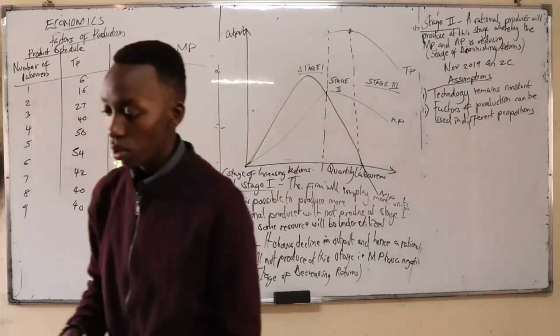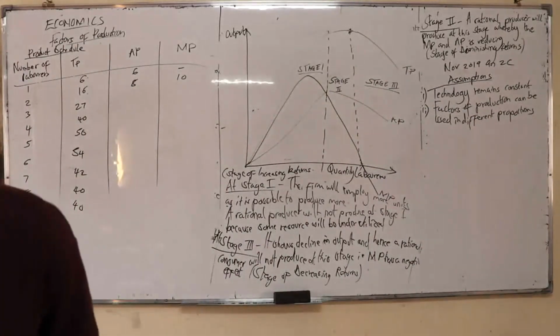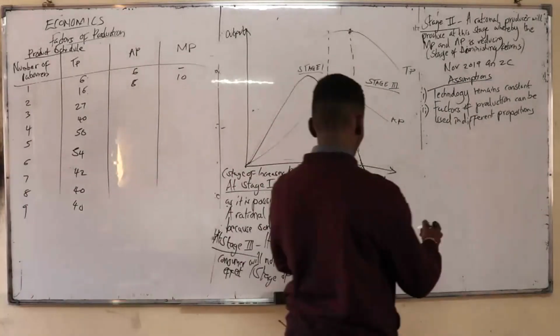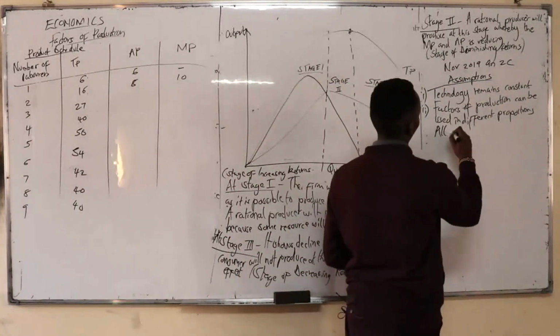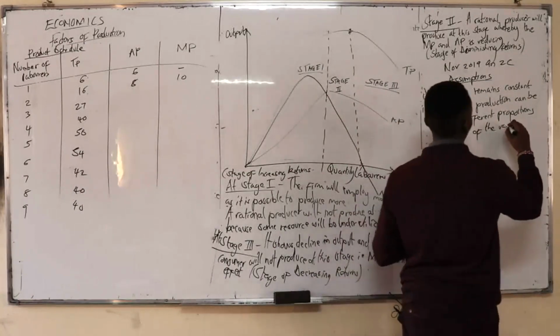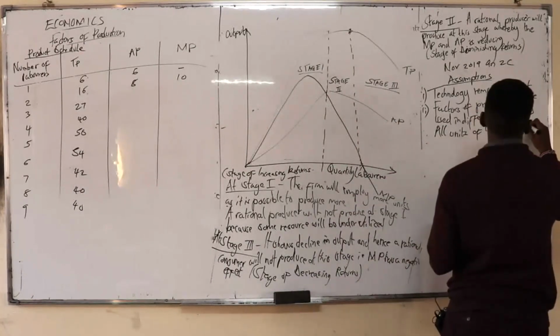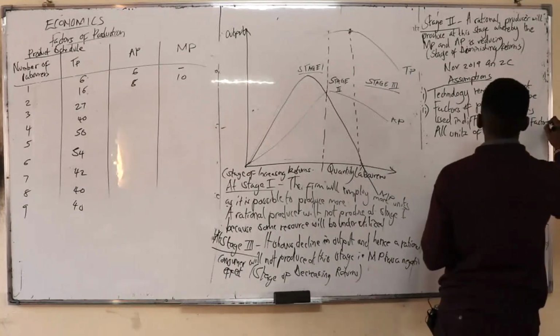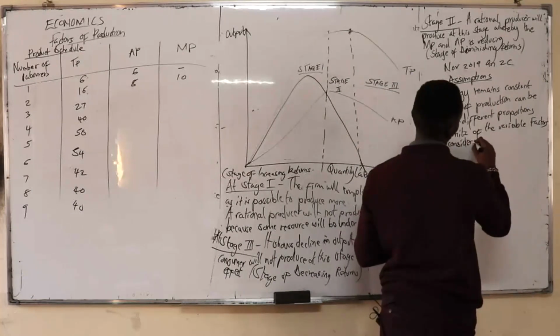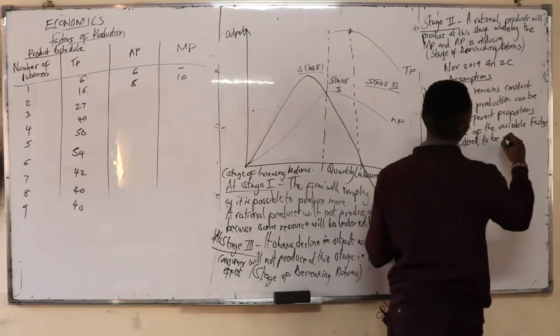And then you can include there that all the units of the variable factors are considered to be homogeneous. That means that they are more or less the same. All units of the variable factors are considered to be homogeneous.